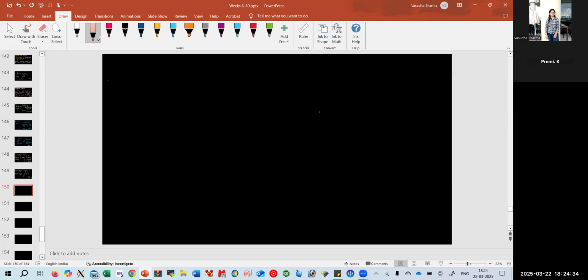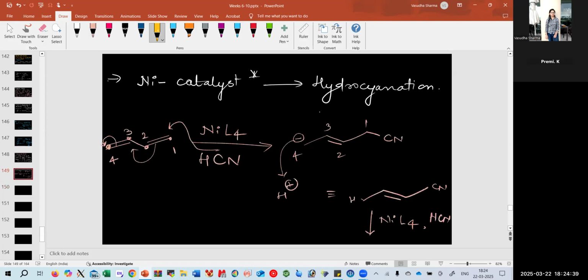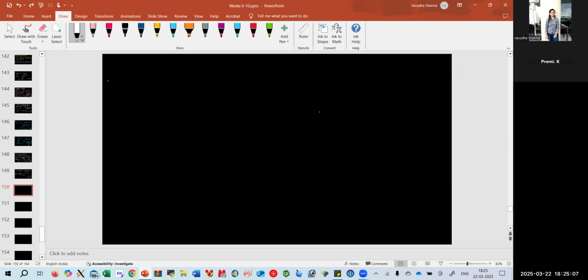And what we can expect over here is that again, if at this position CN is going to attack, and positive and negative charge is balanced, and the proton has been taken by the other moiety, the reaction product will be formed: CN and CN.